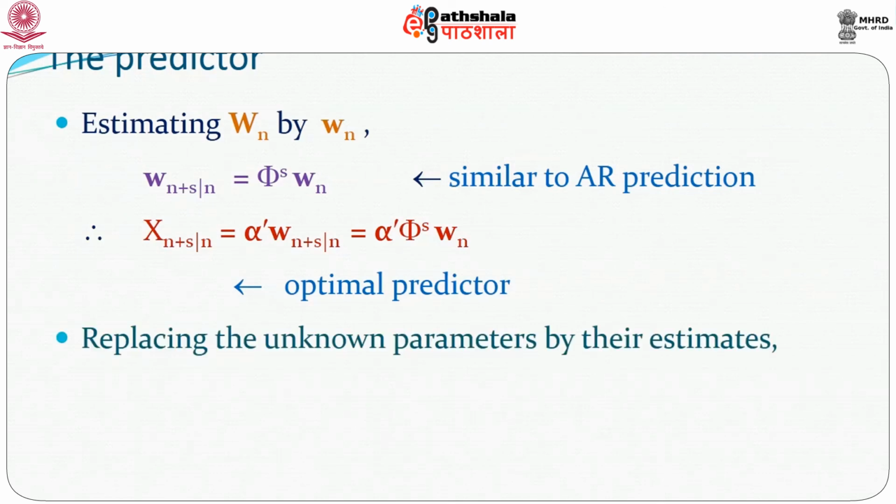So what we do is we replace the parameters alpha and phi by their estimates alpha hat and phi hat, and we get x_{n+s} given n as the estimated predictor.